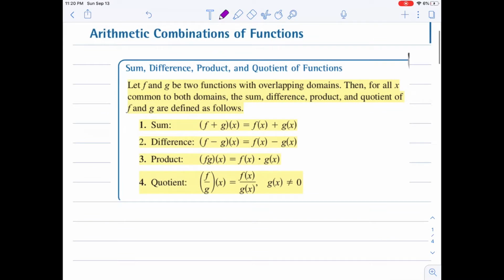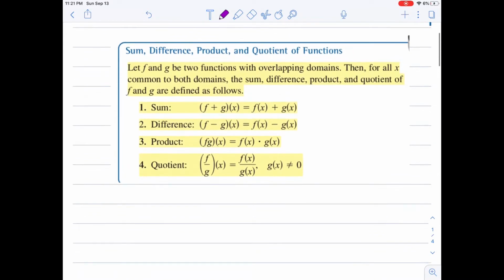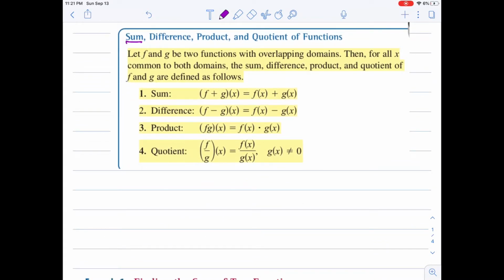Okay, so let's talk about combinations of functions. So we can take a sum, a difference, a product, and a quotient of functions. Hopefully this looks very familiar to you from algebra, maybe even pre-algebra. If we have functions f and g that have overlapping domains, then we can use, common to both domains, the sum, difference, product, and quotient.